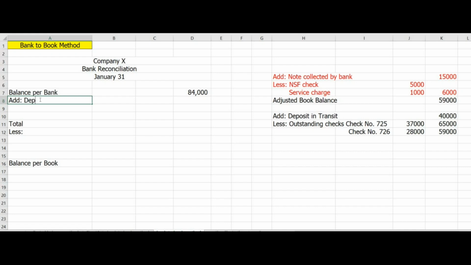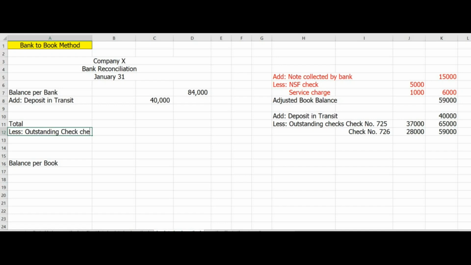So mag-start tayo with the deposit in transit. So the deposit in transit natin, i-add natin yan kasi that's a regular bank reconciling item. The amount is 40,000. So, your mga outstanding checks, for example, should be deducted kasi that's the normal way of doing it, no, in an adjusted balance method.